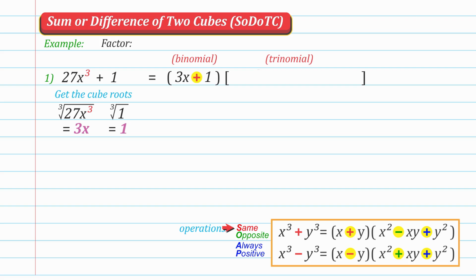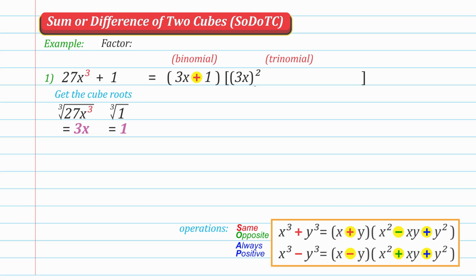It's still plus. Let's go to the trinomial factor this time. Let's square the first cube root 3x. So set it up first and remember to put parentheses. This is important, especially if we are dealing with a numerical coefficient and a literal coefficient.